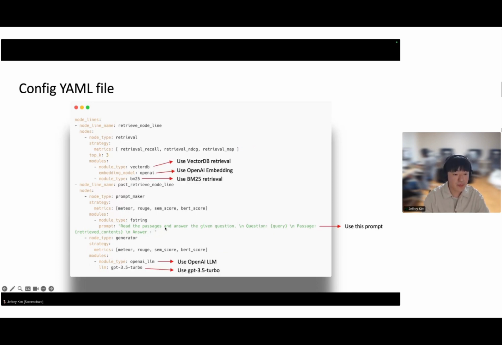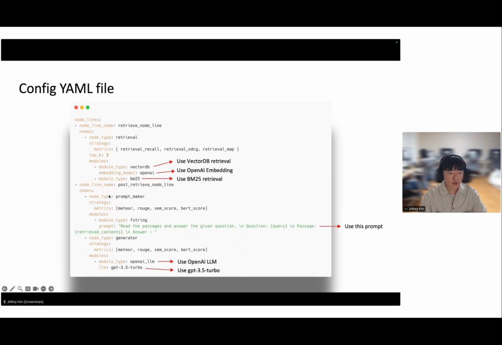Quite simple, right? And you can select what modules you want to test. There are a total of 6 modules in retrieval, but in this benchmark, you may want to use just two of them, like vector DB and BM25. And you can select what embedding model you want to use in the vector DB cosine similarity search. As well as BM25, you can check many hyperparameters in our official docs.